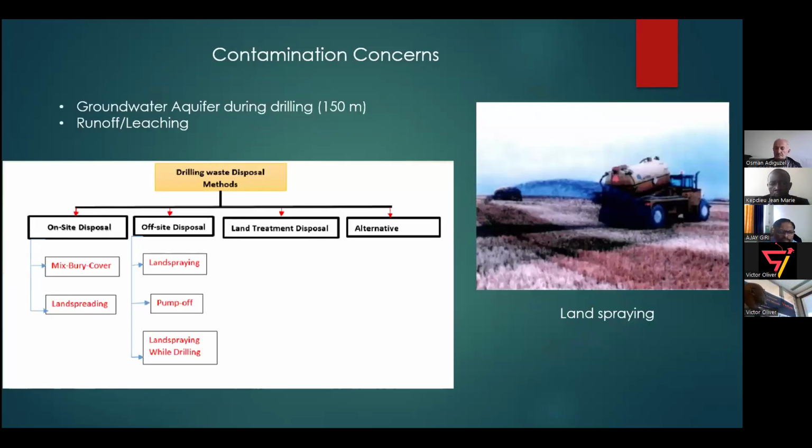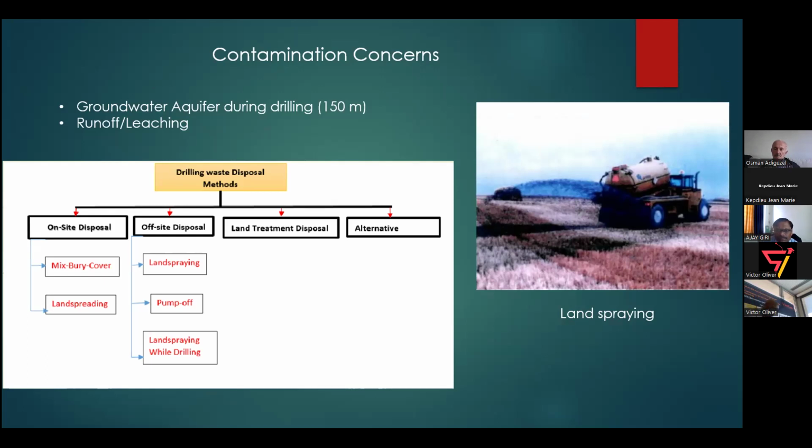Some of the concerns from an environmental standpoint, as already alluded to, are groundwater and aquifer contamination. But also when you drill, you're going to generate what is called drilling waste. How you're going to dispose of it is a function of the level of contamination, and also what's the most practical way that drilling waste could be handled.